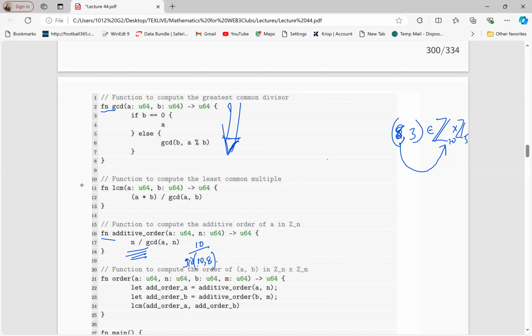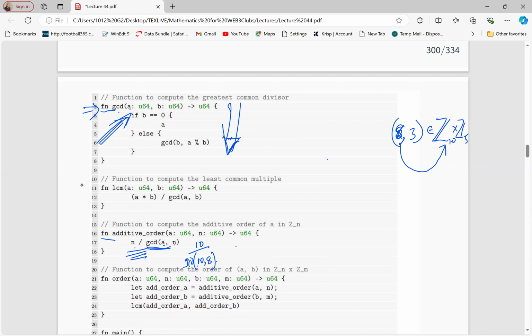You can see this part is calling on this function. It's asking for n divided by the GCD of n and a. So this function does that, and after doing that, this one picks it and then gets the order of 8.